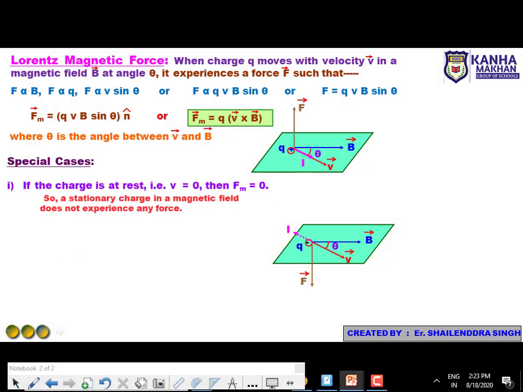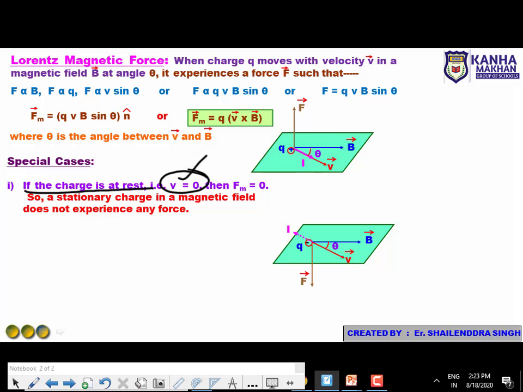What are the special cases? See on the board. The first case is here. If the charge is at rest, meaning in a magnetic field the charge is not moving, it is given as V equals 0, then the force will also be 0 with the help of that particular formula, F equals QVB sin theta.